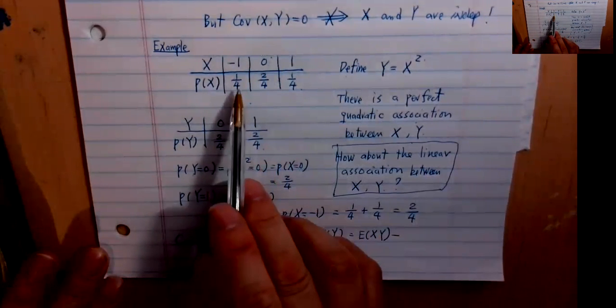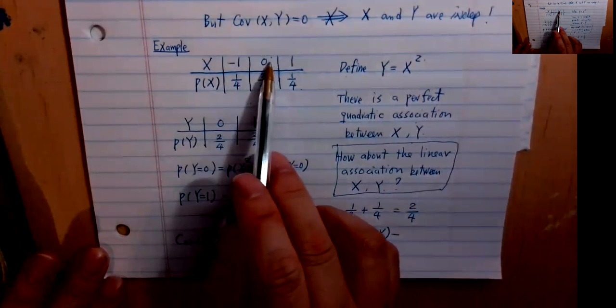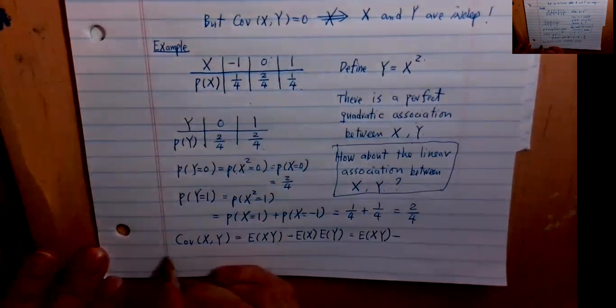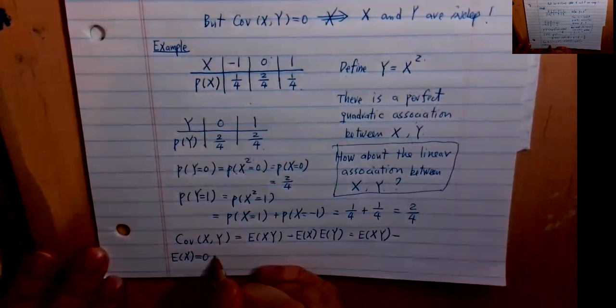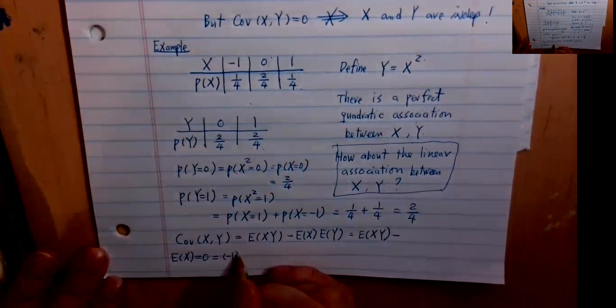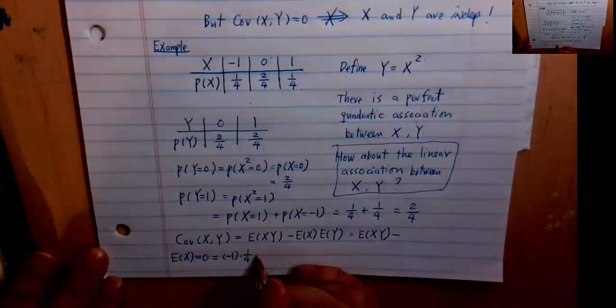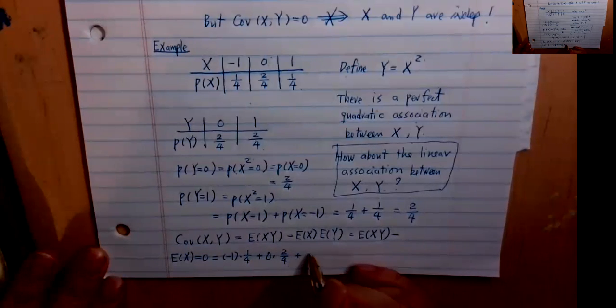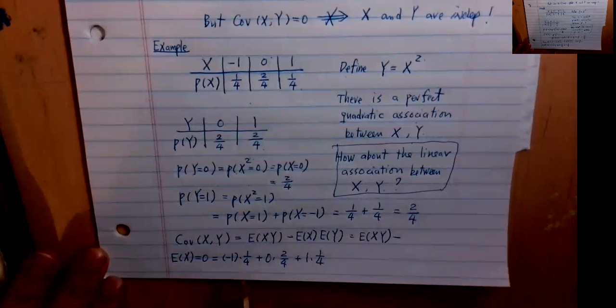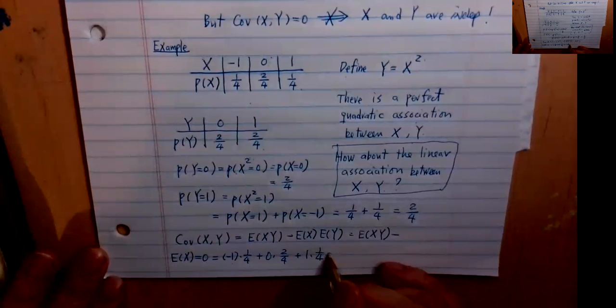EX is minus 1 times 1 over 4, plus 0 times 2 over 4, plus 1 times 1 over 4. This term cancels this term, so it's 0.